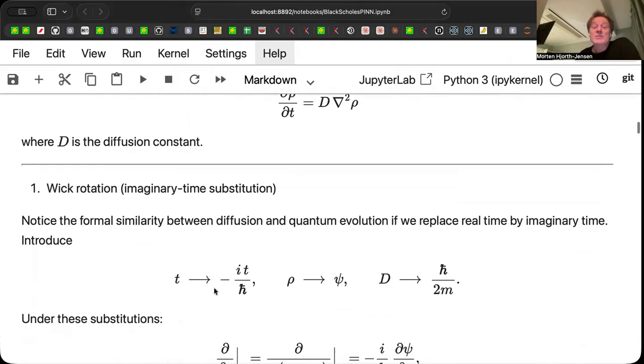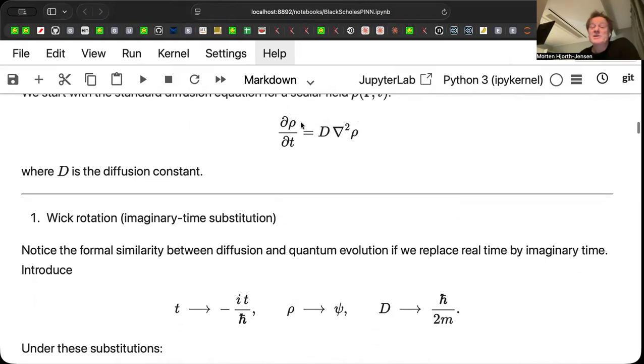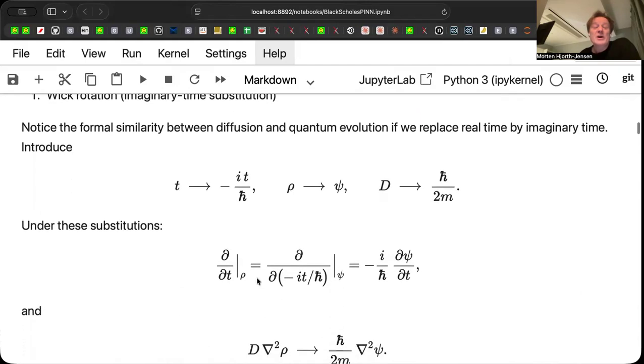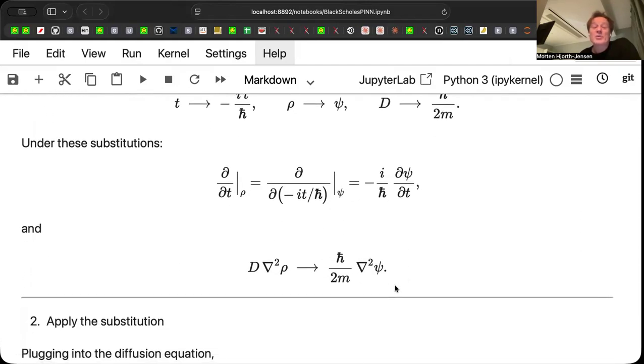So if you let time go over to imaginary time divided by the h bar constant, Heisenberg's constant, and you replace this density here with a wave function psi, and you replace this parameter D with h bar divided by 2m, then you can actually rewrite the equation as a Schrödinger equation.